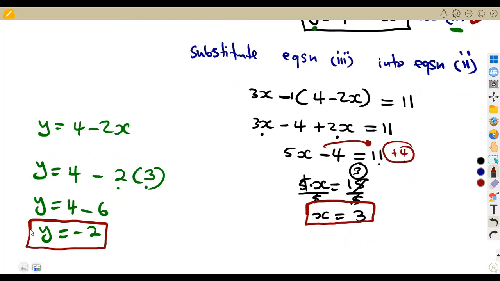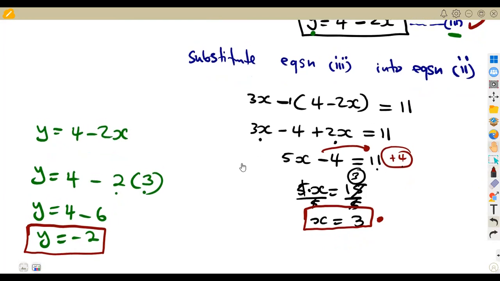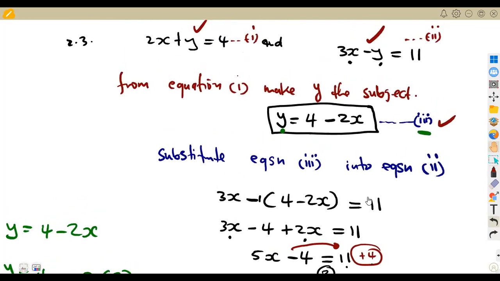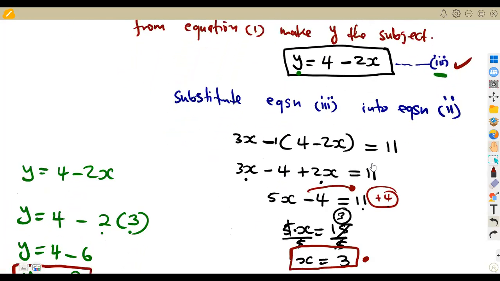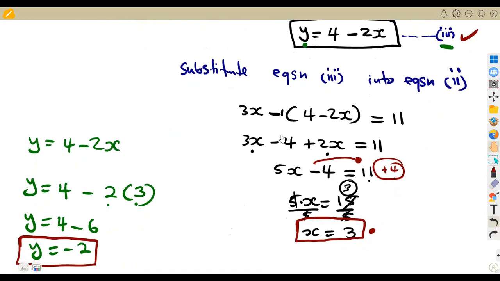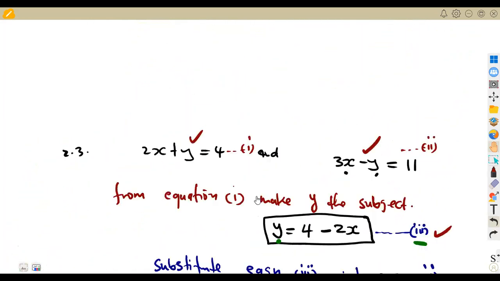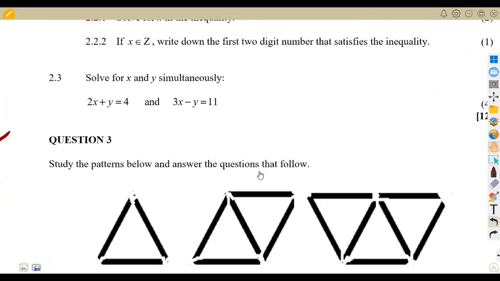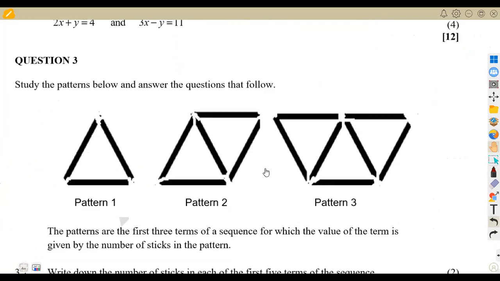So this was going to be the value of y, and this was going to be the value of x, which satisfy our simultaneous equation that we were given there on top, right? So that's it. The marks are direct. You can even use elimination. Guys, solving simultaneous equations, it's in your hands. You do the way that you feel is best for you.